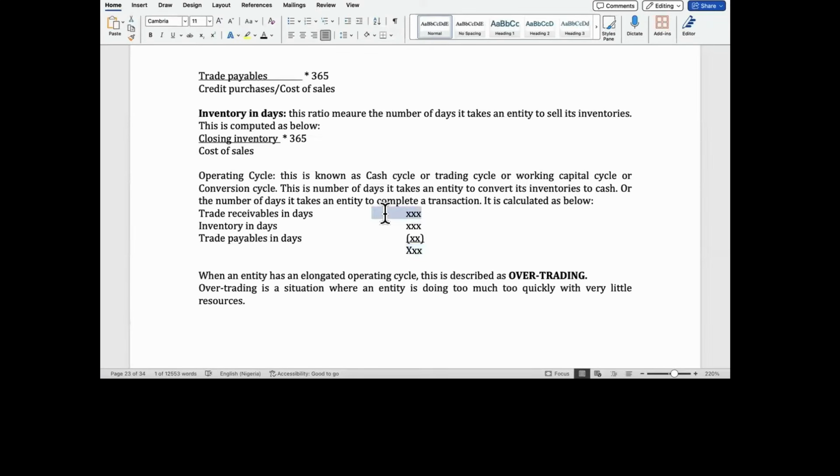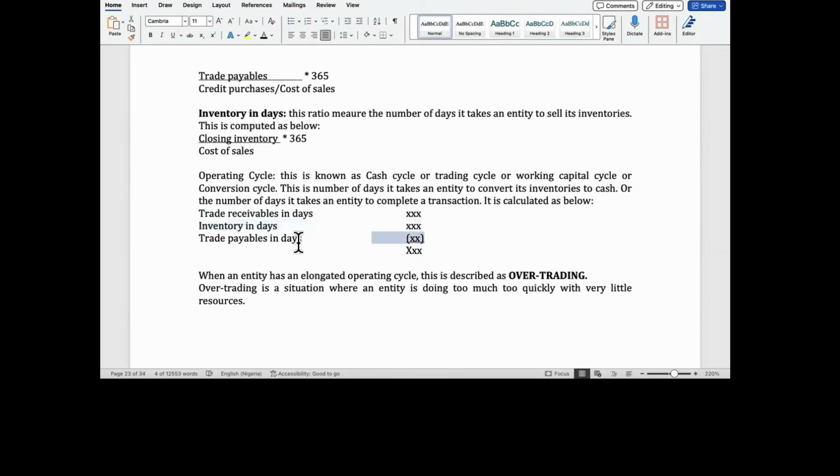Because why wouldn't you be able to collect your money from your receivables? The only reason you can't collect is because you have sold to the wrong people. You are just in a hurry to sell. We want to make sales. You are doing too much too quickly.